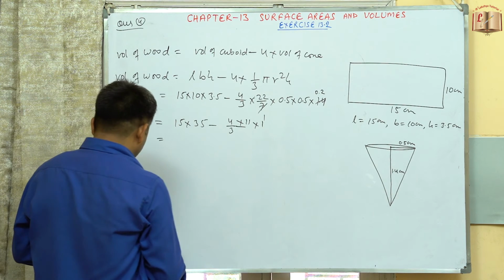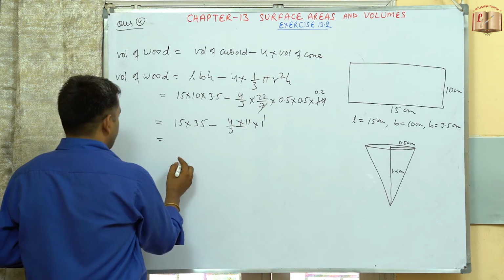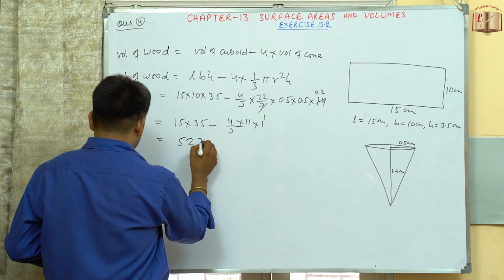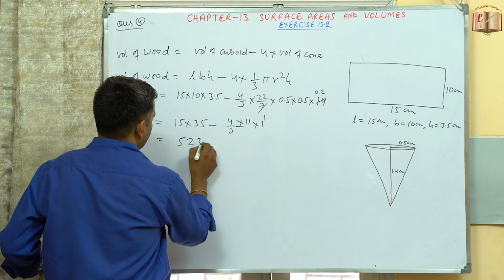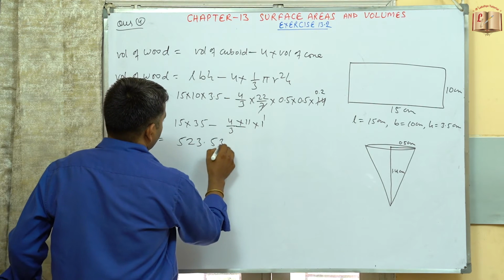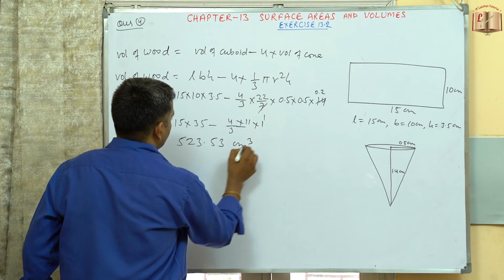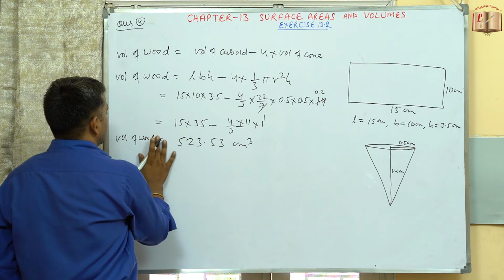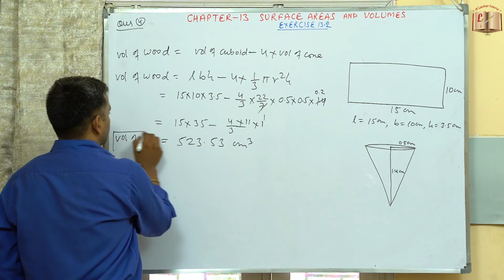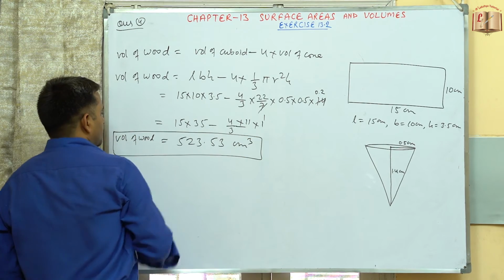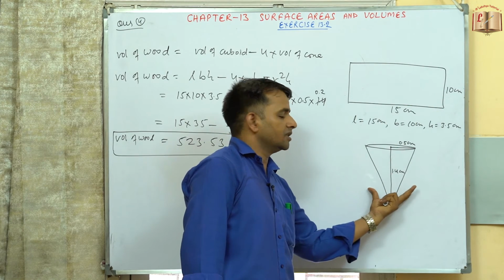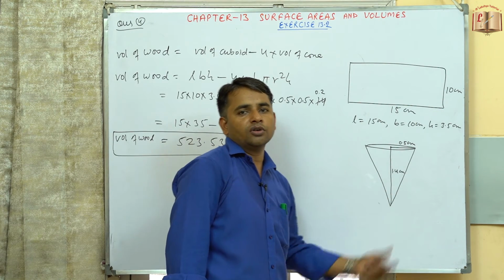So on simplification, we got 523.53 centimeter cube. So this is the volume of wood. So simply the volume of the wood is equals to the volume of the cuboidal minus the volume of 4 cones.